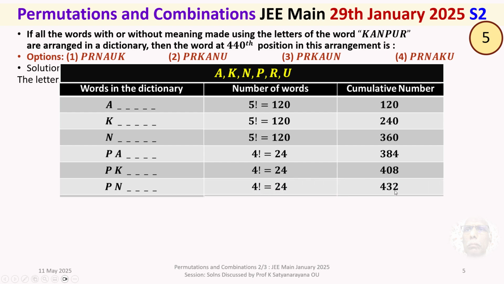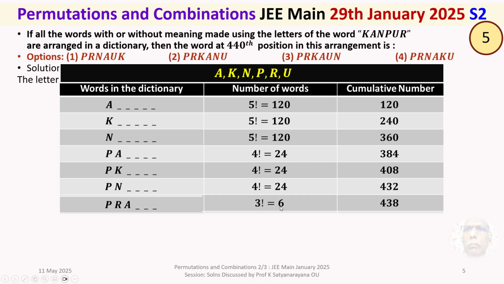408 plus 24, 432. So after PN, you will get R, PR, and A is naturally the first letter after R, so it will come. So 3 places and 3 letters, 3 factorial, that is 6 words, and the cumulative is 432 plus 6, 438.